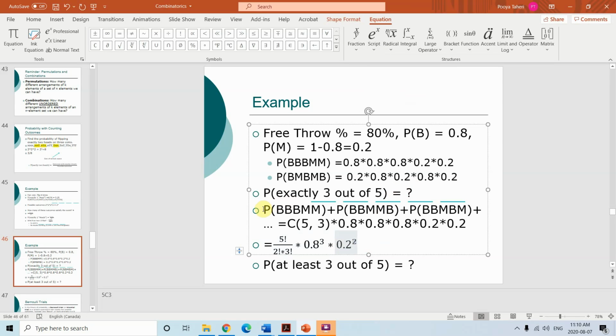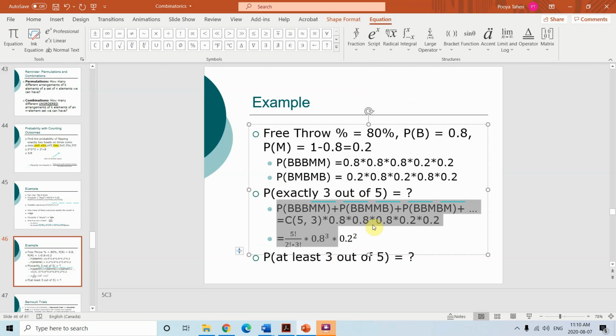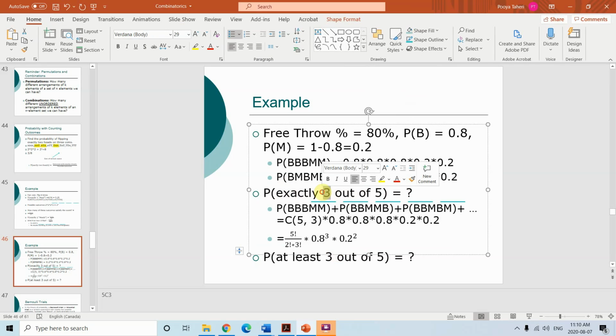Okay, so that's the answer to this question: the probability of having exactly 3 successful throws out of 5.